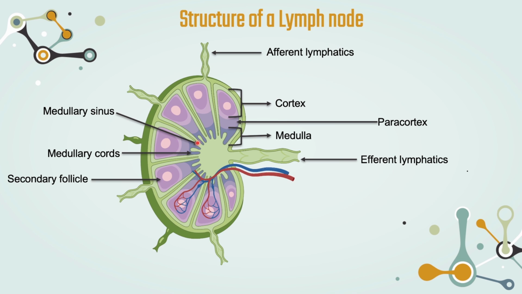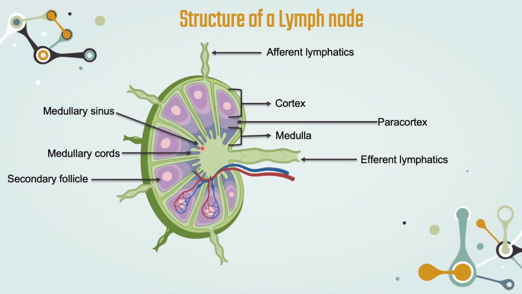You'll get numerous diseases where macrophage activation occurs, right? So the way they will ask you a question is, let's say a patient has tuberculosis, and you know that in tuberculosis activation of macrophages is so important. And then they will ask you, where are these macrophages located? And then you need to know that it's the medullary sinus which has macrophages, all right? So these are the most important structures of lymph node from exam point of view.